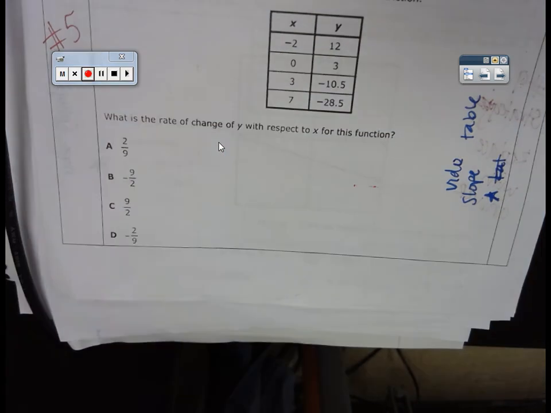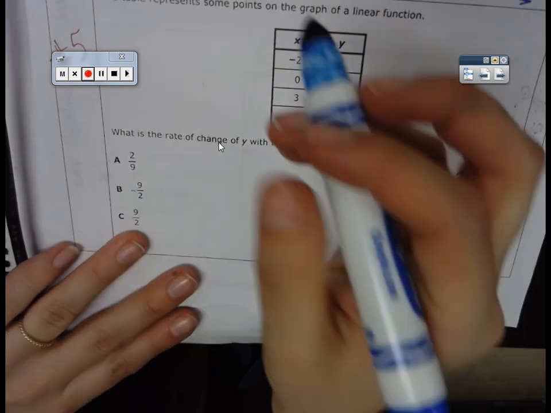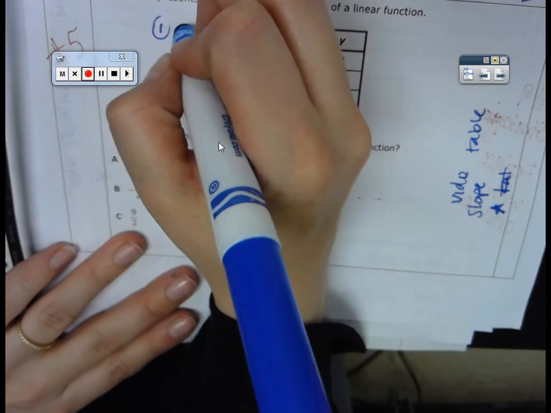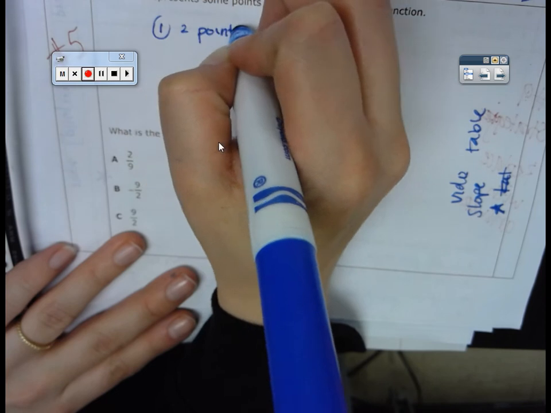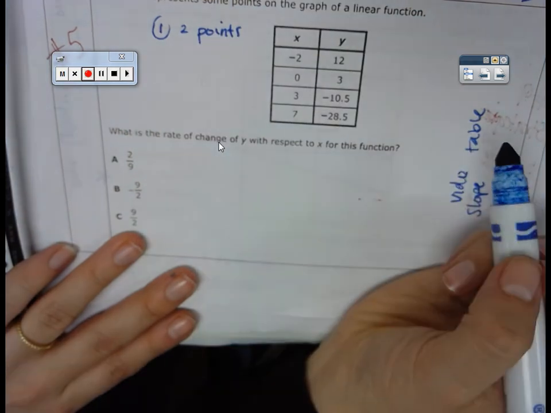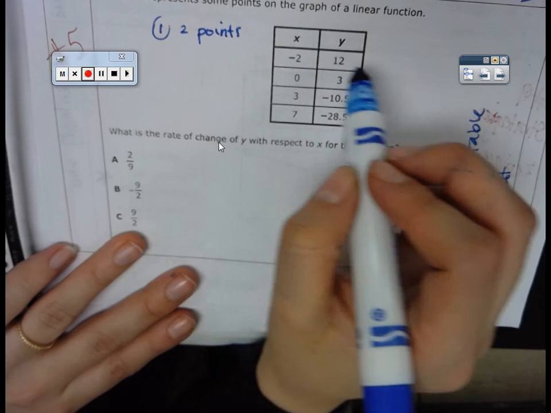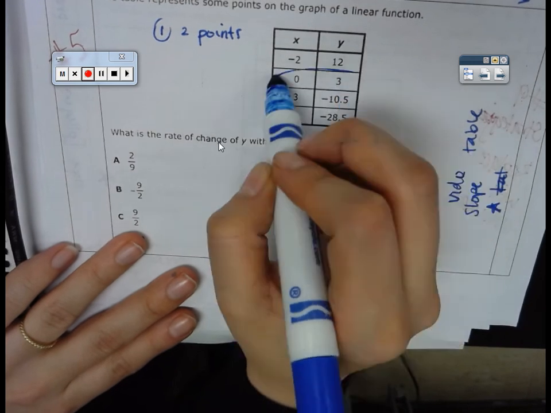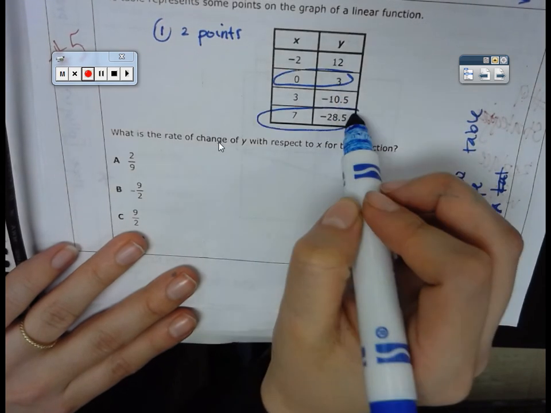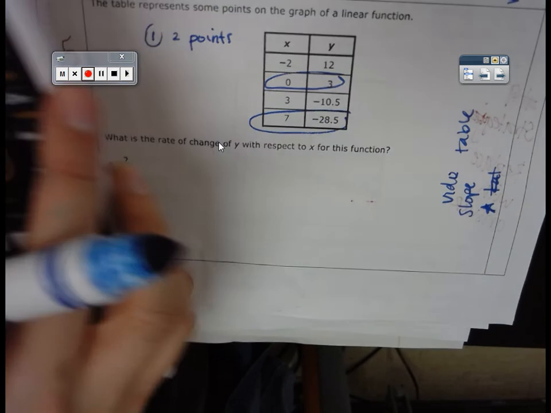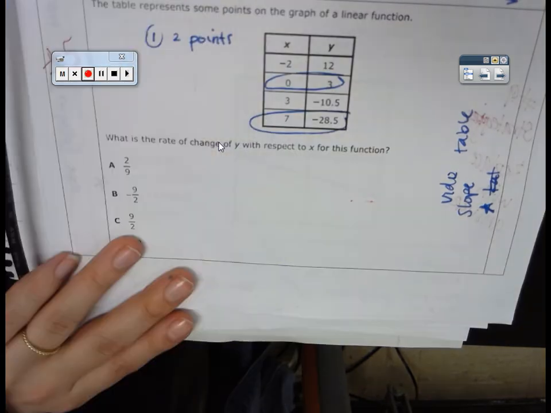So here's what we do. Same thing. I pick 2 points. That's the first step. So like I mentioned before, you could pick any of them. I'm going to pick 0 this time. And this one, you could pick any one you want, because as long as you reduce, you're going to get the same answer.